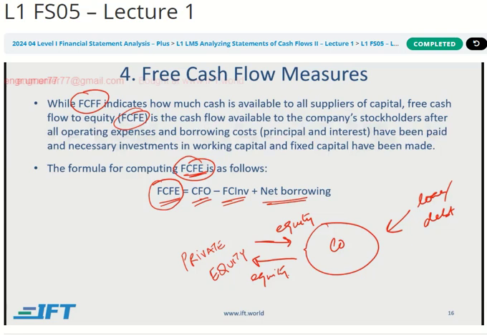So they take out their money by getting the company a loan. And why are they able to do that? Because obviously they fix up the company and they have a good reputation as well. So the net borrowing that is there from new debt is actually money which is available to the providers of equity.